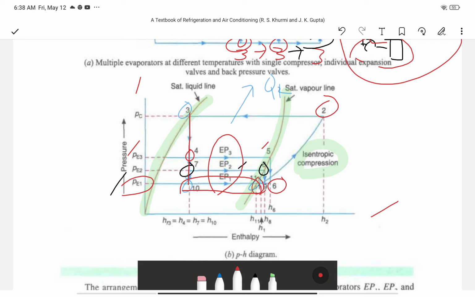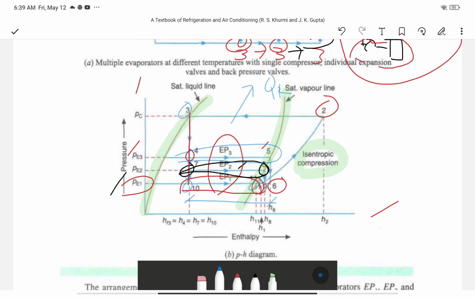And then you have a middle one, which is longer, so it has bigger capacity than evaporator 1. The biggest capacity is evaporator 3 because the enthalpy difference is longer, this much.